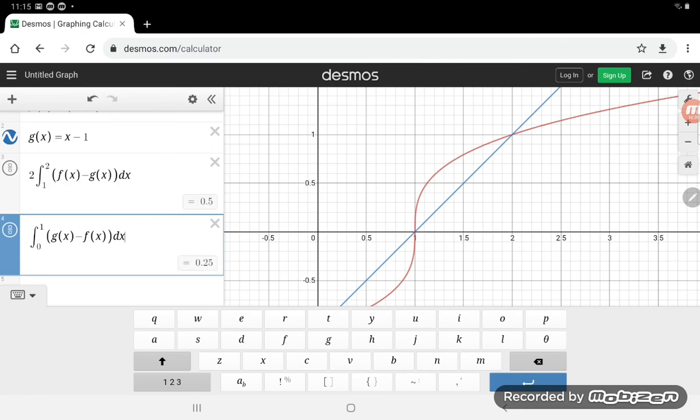And there's our 1/4. So indeed, we were correct that the symmetry is working for us there, and we could just do one of those and double it. And so if I'd done the 1 to 2 and gotten a fourth, and then the 0 to 1 and gotten a fourth, great, same answer as doing twice either one of those pieces. Okay, so we'll put that one to rest.